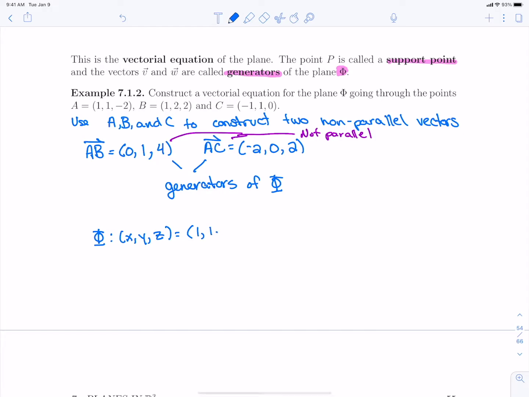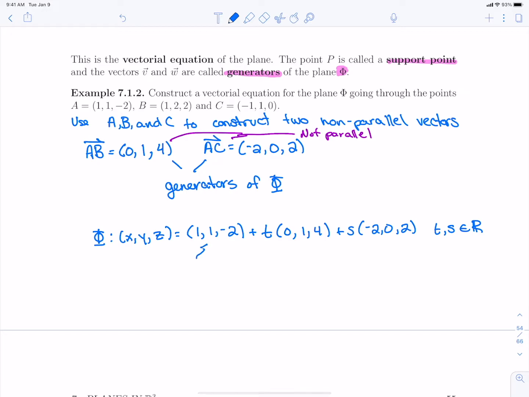It doesn't matter which point I pick, because any of these points could be a support point because I've said they're all on the plane. It also doesn't matter which order I state the generator vectors in. But it is really essential that we identify T and S as real numbers.